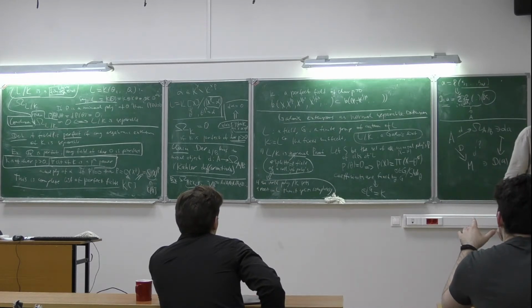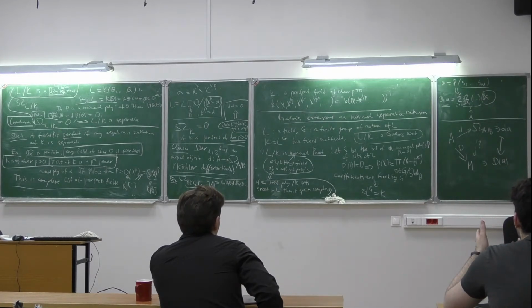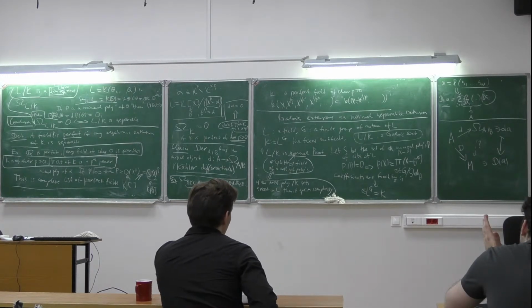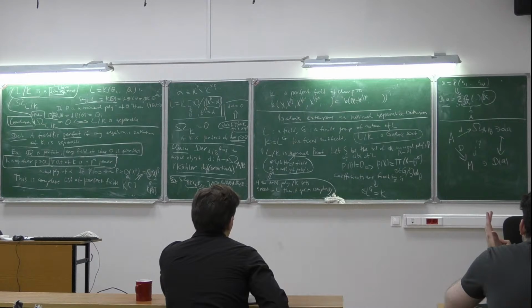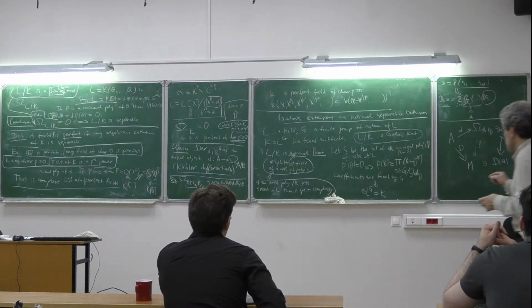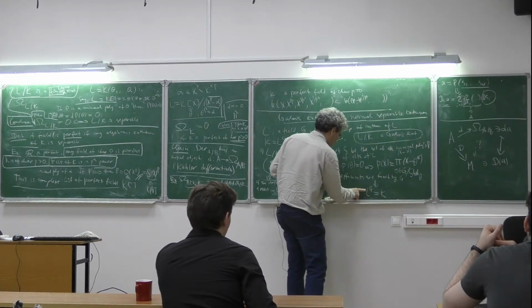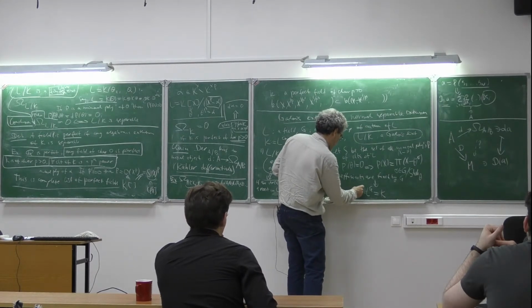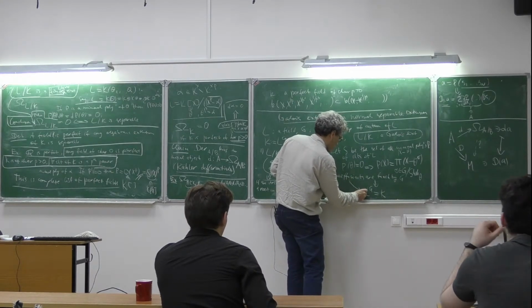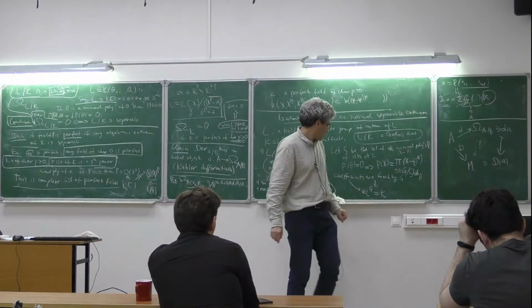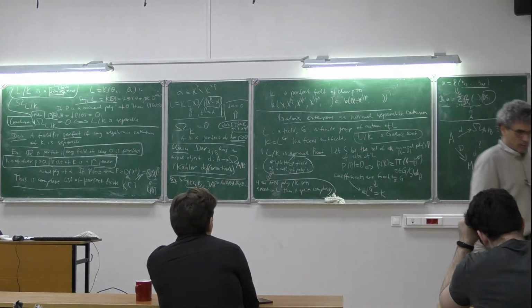The coefficients are fixed. We want a polynomial that vanishes at theta. I just don't understand what's written on the last line, that these coefficients belong to the fixed subfield.